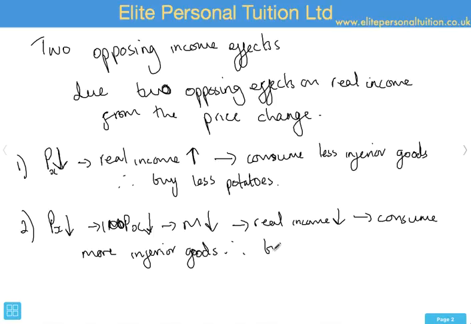Therefore, buy more potatoes. So essentially, here we have a negative income effect, and then here we have a positive one.